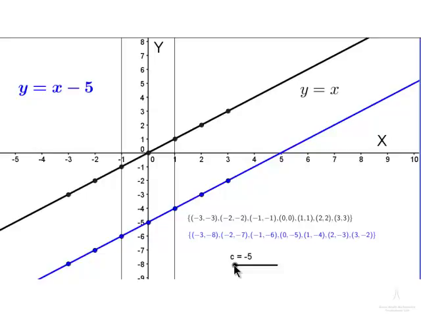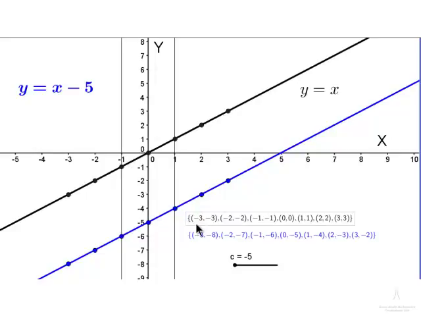What we need to investigate is firstly the general movement of this blue straight line in terms of the slider, taking note that the gradient of the blue one is exactly the same as the basic function, namely 1, and it seems that the y-intercept here, which is minus 5, is equal to the slider value.